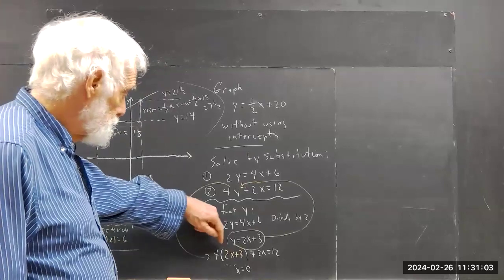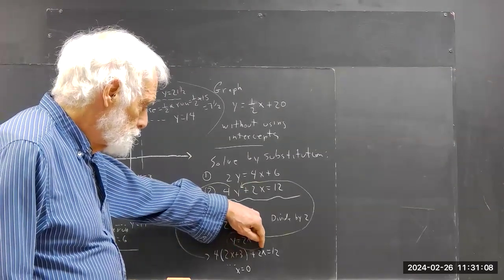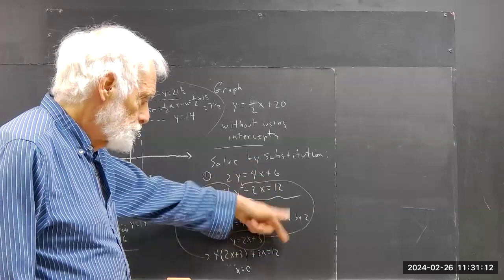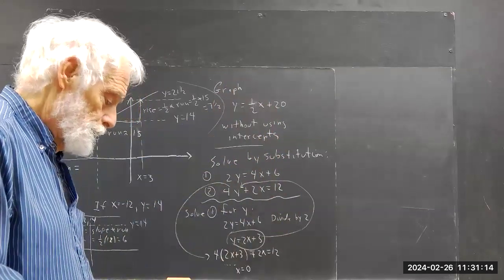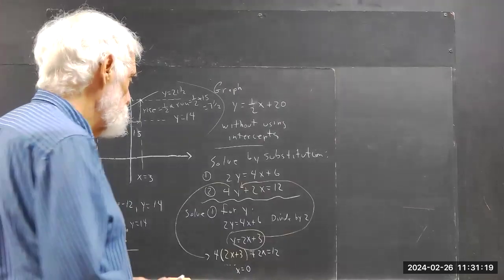Okay, because this gives us 8x plus 12 plus 2x, which is 10x plus 12. We subtract 12 from both sides, we get 0. And of course, if you do these solutions, that's exactly what you're going to get. Okay.